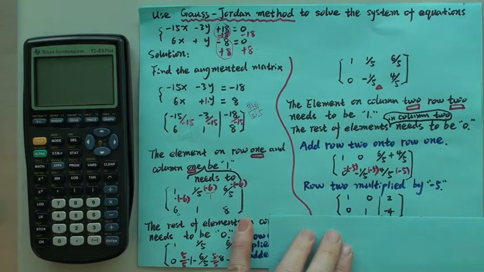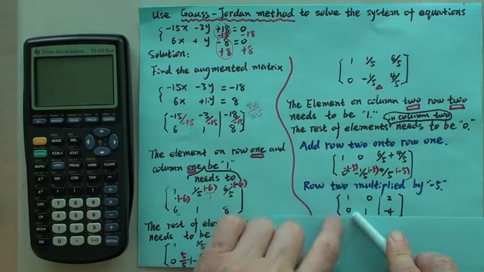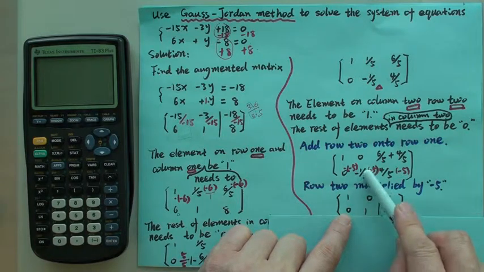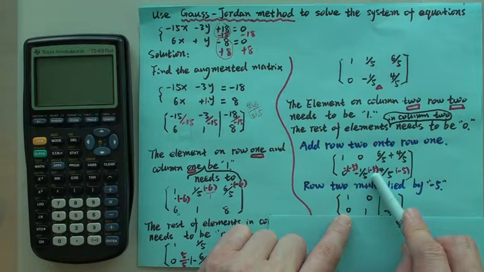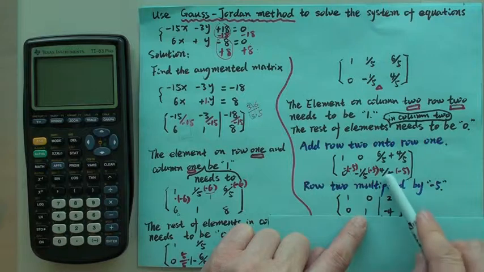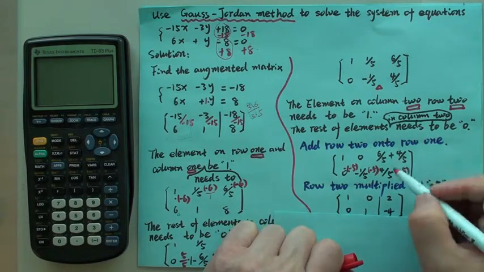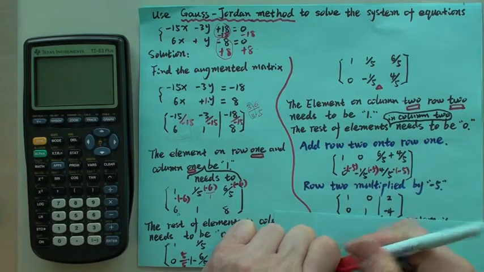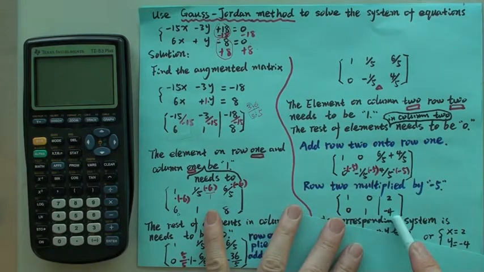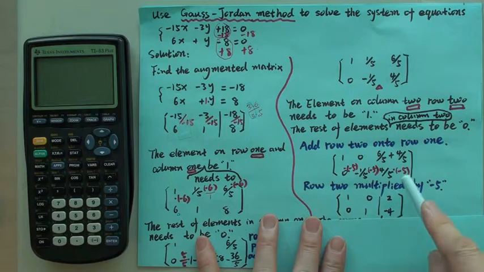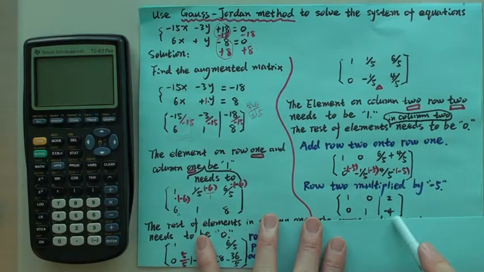So here you see 0, and negative 1/5 times negative 5 is 1. And 4 over 5 times negative 5, you get negative 4, because positive times negative is negative, and the 5s cancel each other, leaving 4.